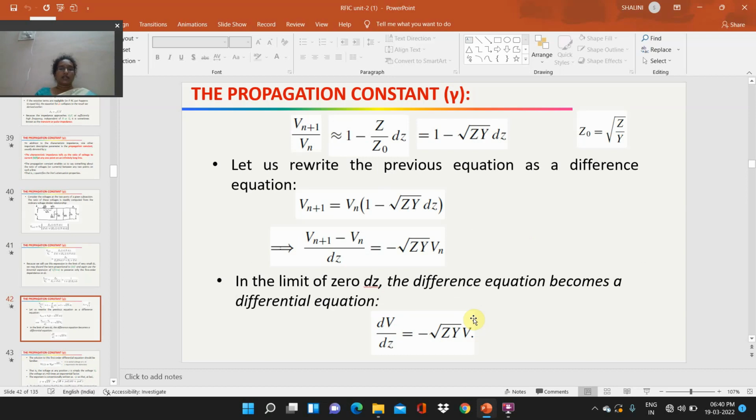So let us rewrite the previous equation as a difference equation. Vn plus 1 is equal to Vn times (1 minus square root of ZY into dz). So (Vn plus 1 minus Vn) by dz is equal to minus square root of ZY times Vn. In the limit of dz going to 0, the difference equation becomes a differential equation.